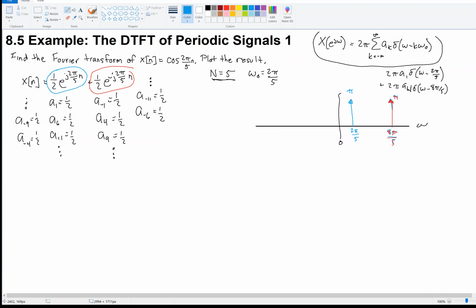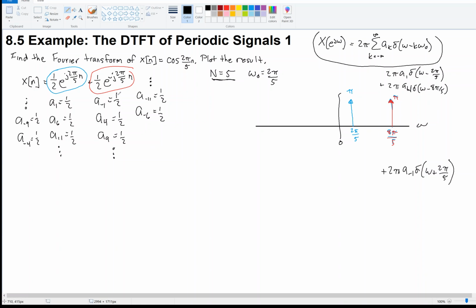Now, let's back up. Let's go to the minus k's. So, for example, when k is minus 1, I'll just write the sums down here. When k is minus 1, we have 2 pi plus, right? Because it's all part of a sum, plus 2 pi times A minus 1 delta of omega plus 2 pi over 5.